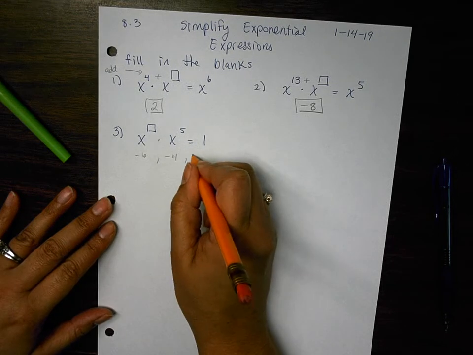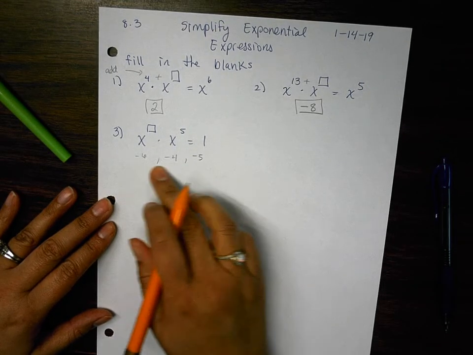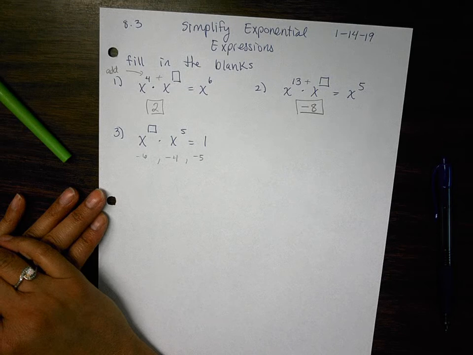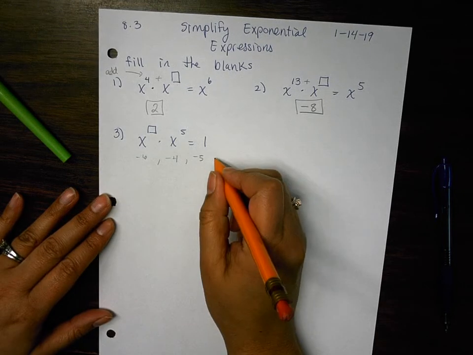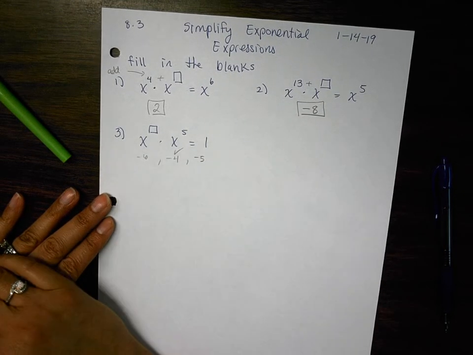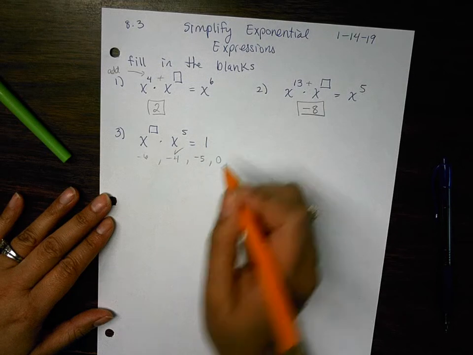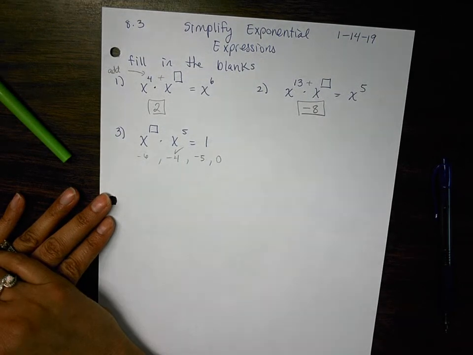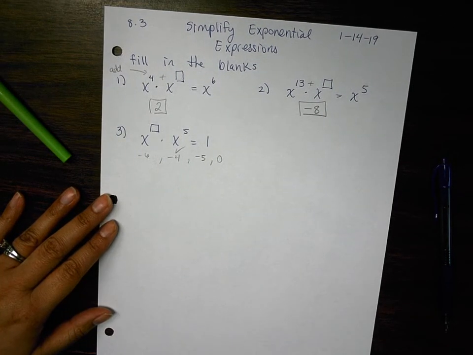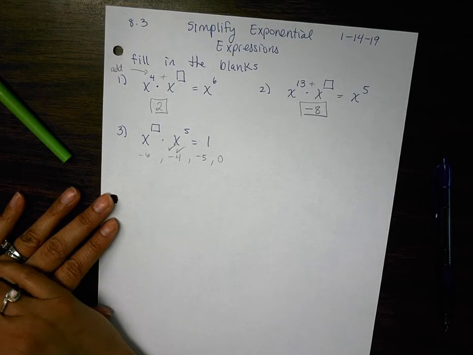Anyone else? Negative 5. Did anybody get any one of these numbers or something different? 0. Anyone else? Negative 4?